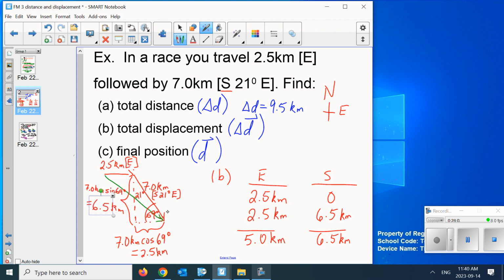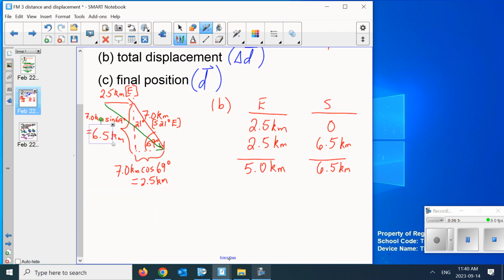Now, this doesn't quite answer our question. The total displacement is the green arrow. 2.5 plus 2.5.